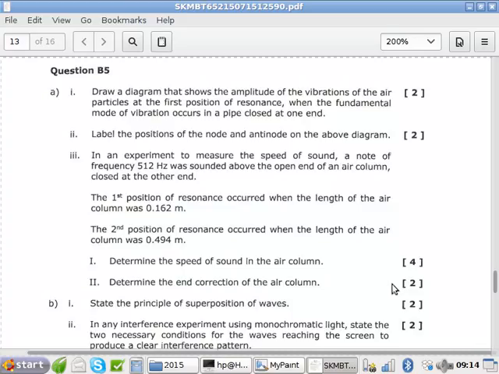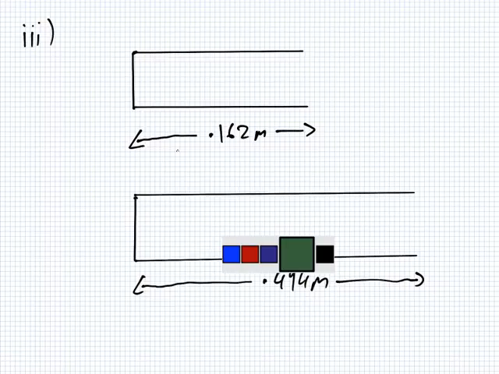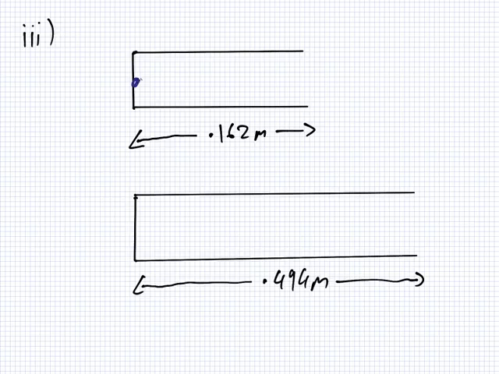The first one is the first resonance, and the second one is the second. So in the first picture it looks like this. You have a node, antinode, and it goes like that. And then the second picture, it's the second resonance.